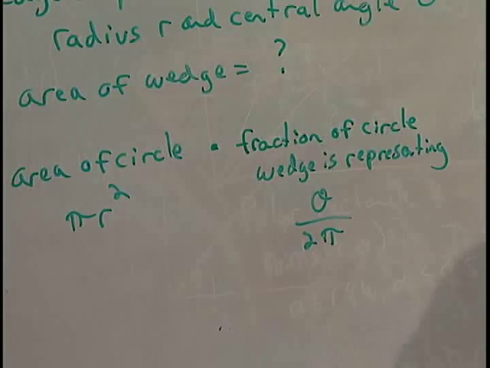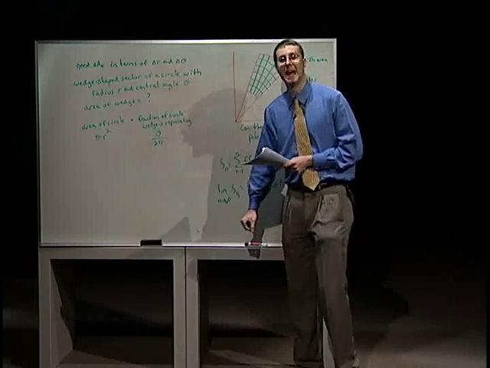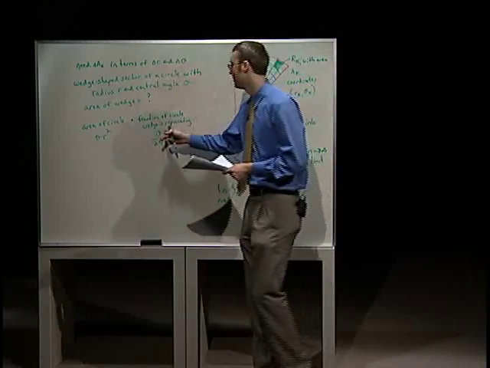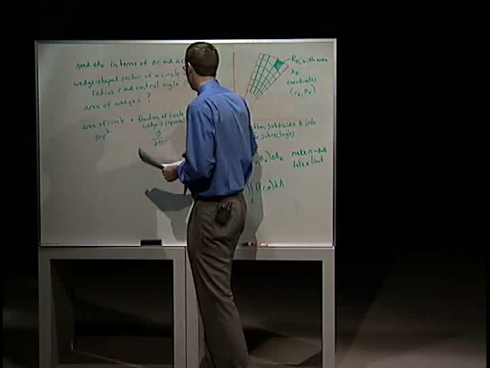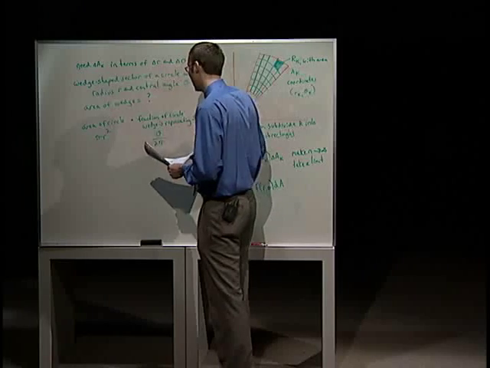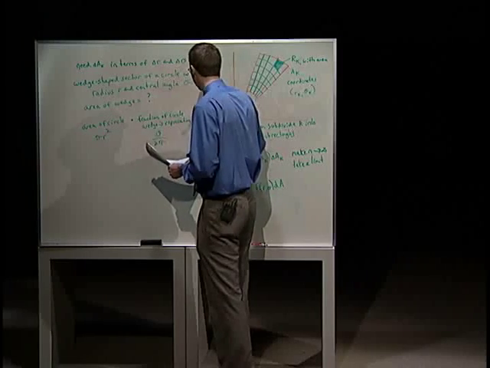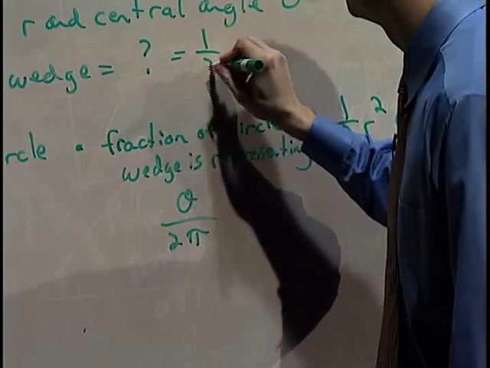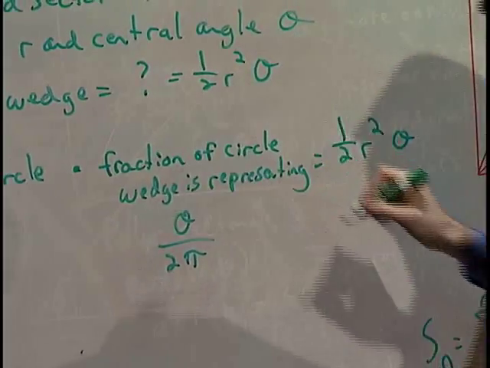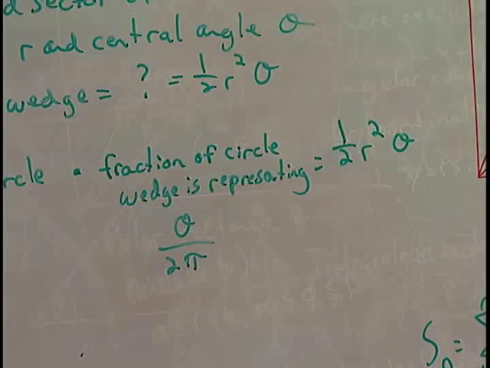If it's half the circle, for example, it would be pi over 2 pi, so 1/2. So you multiply that out, the pi's cancel, and you get 1/2 r squared theta. So this is the area of a circular wedge.